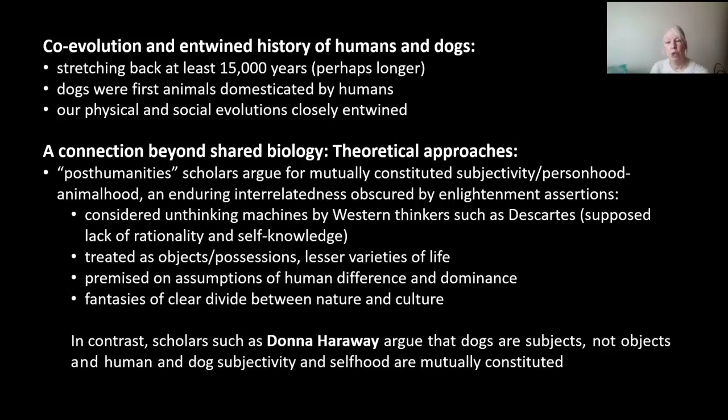Dogs were the first animals domesticated by humans. And we have lots of evidence that our physical and social evolutions are closely entwined. That is, what it means to be dog and what it means to be human owes a lot to the other species in that relationship.